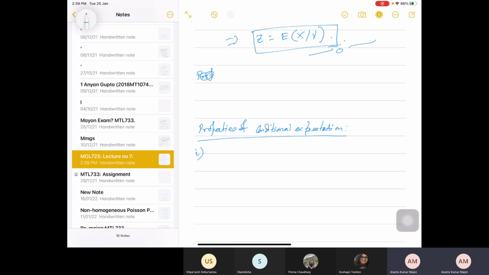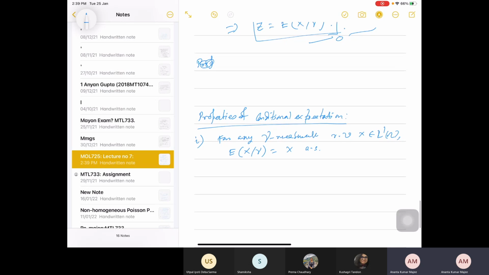For any nu measurable random variable X, the conditional expectation of X given nu is the same as X almost surely. You check yourself, then you will have this part, because since X is nu measurable, by definition integral over A of X dP is the same as integral over A of X dP for all A. Is it not? Because X is nu measurable, it is trivially true.